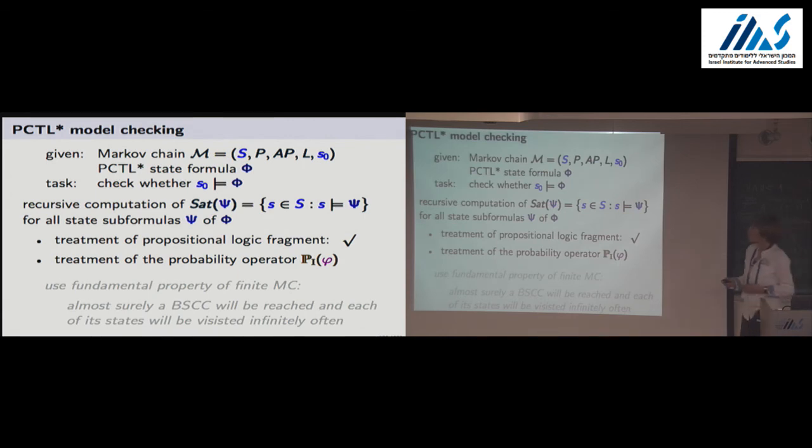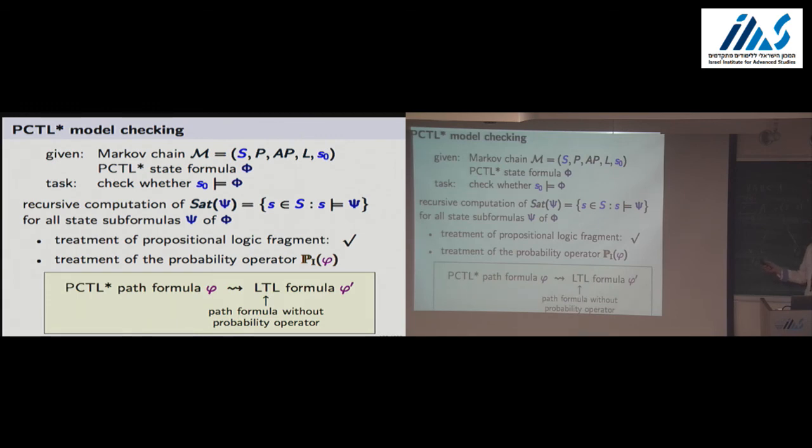And what we do for PCTL star, again, this schema, but now we use this fundamental property of finite state Markov chains that I mentioned at the beginning, that in the long run, almost all infinite paths will eventually enter a bottom strongly connected component.